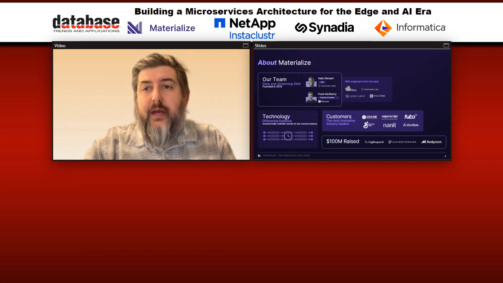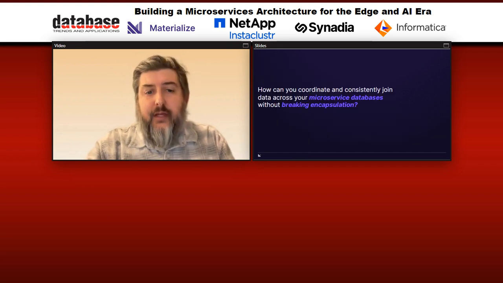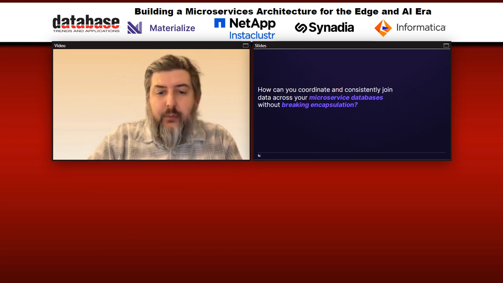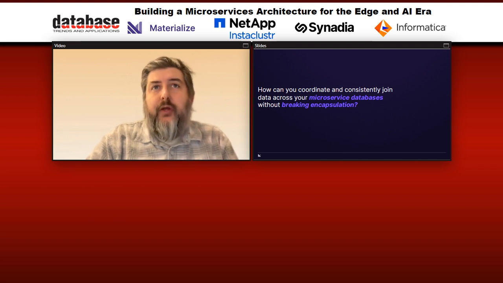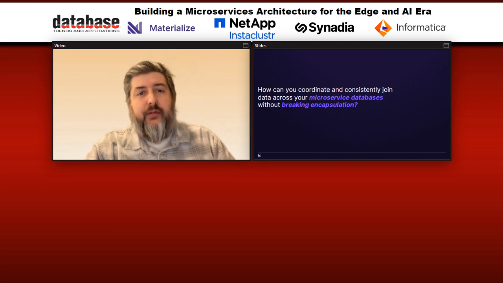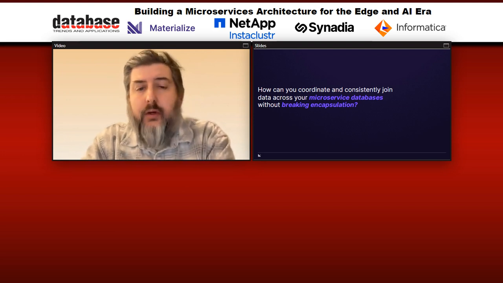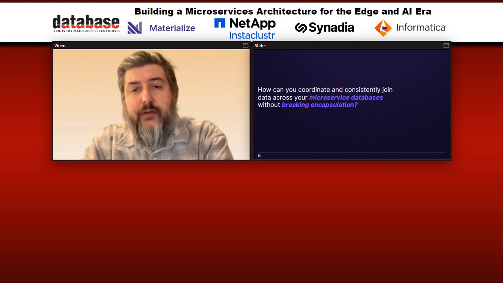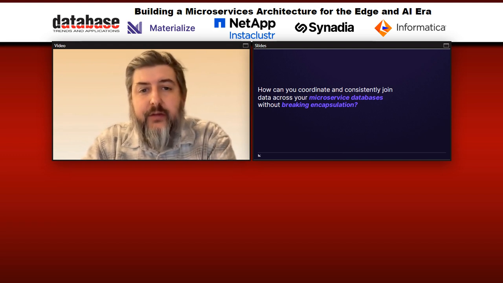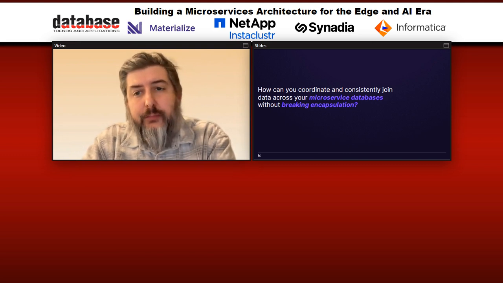So with that, let's get to today's topic, which is microservices. Specifically, I want to talk about how we can coordinate and consistently join data across your microservice databases without breaking encapsulation. Over a decade ago, the microservice architecture emerged as a way to solve a key challenge, and that's allowing multiple development teams to work in parallel without deployment bottlenecks inherent in monolithic systems.